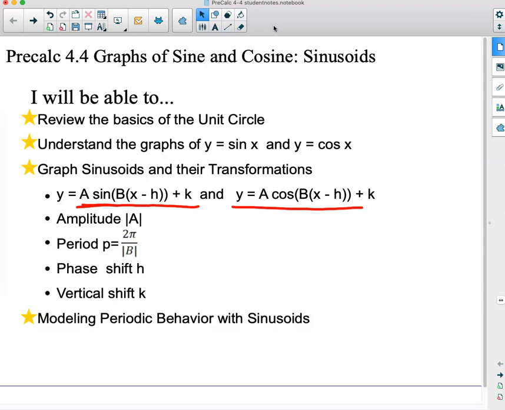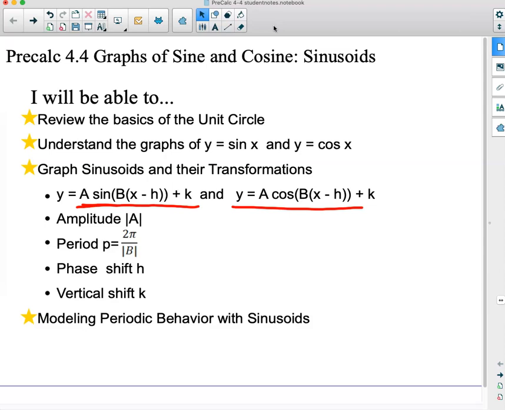And the amplitude is really how high and how low does the graph go. I mean, that's going to be amplitude, the height of our graph. The period, I've talked about this before, that's how much you need to copy and paste so that you could make the graph go forever in each direction.